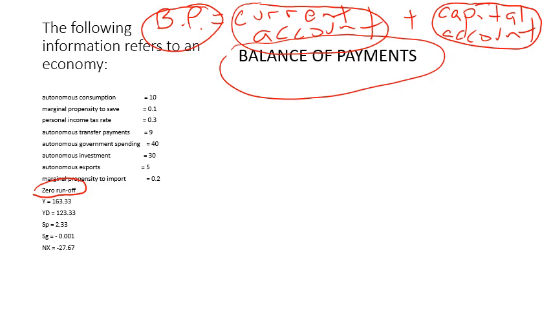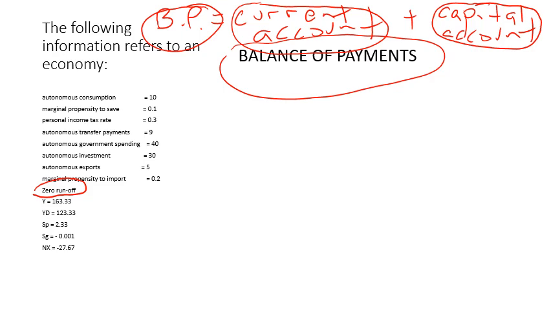Because if the balance of payments is not equal to zero, then two things will occur. One, the exchange rate will change, and two, the interest rate will change. Now, up to now, we have not considered interest rates. Not yet. That's going to be our next step, but not yet. And also, there are no exchange rates here. So this is sort of a shortcut where I get to say zero runoff, which means that the balance of payments is equal to zero. Okay?